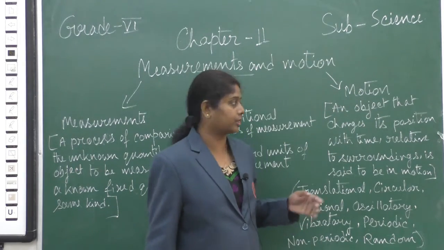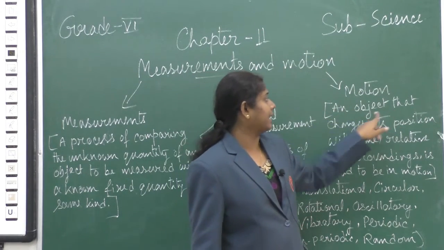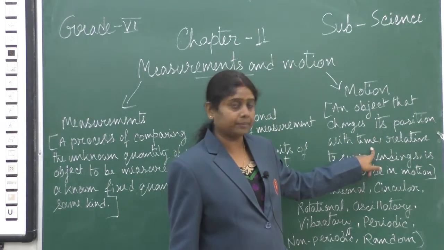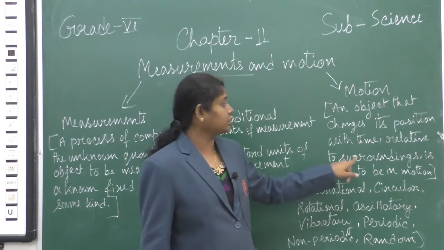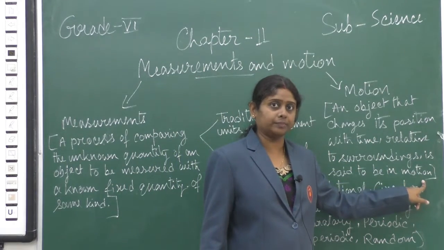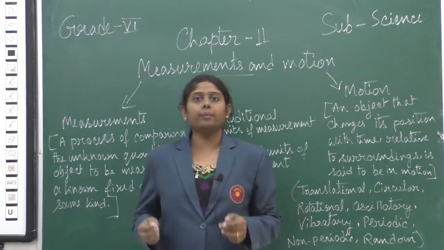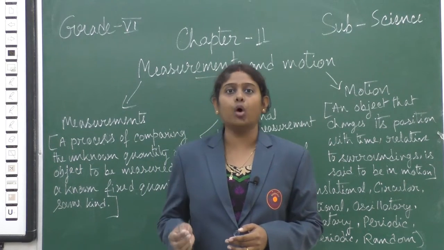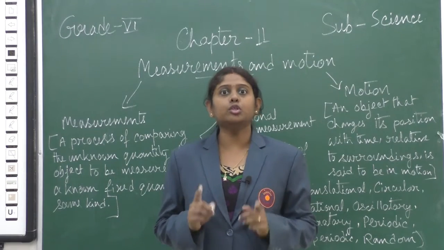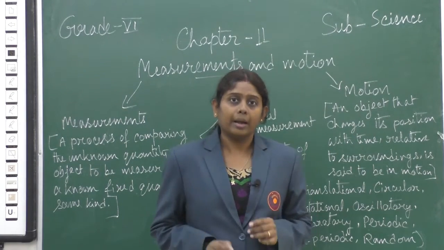In the last part of the chapter is our another topic, that is motion. So what is motion? An object that changes its position with time relative to surroundings is said to be in motion. Example, when a player kicks a ball, the ball is in motion relative to the player.